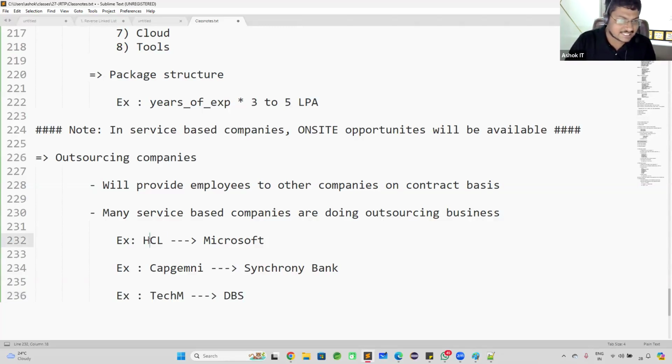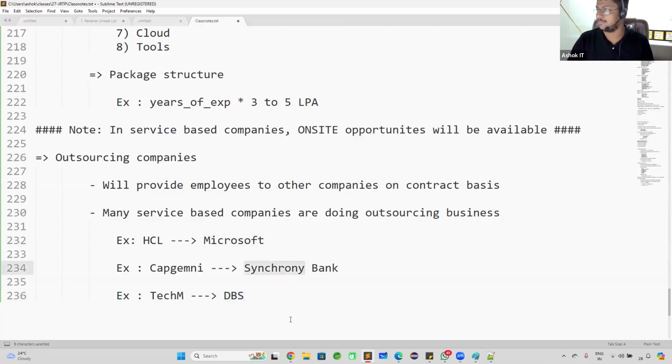So HCL is a service-based company, Capgemini is a service-based company, Tech Mahindra is a service-based company. HCL is sending employees to Microsoft, Capgemini is sending employees to Synchrony, Tech Mahindra is sending employees to DBS. Microsoft, Synchrony, and DBS are broad-based companies.